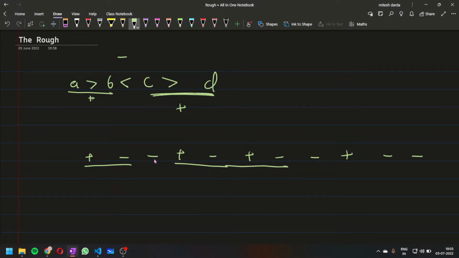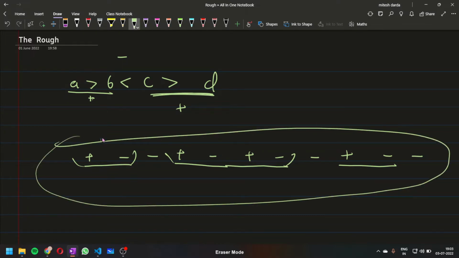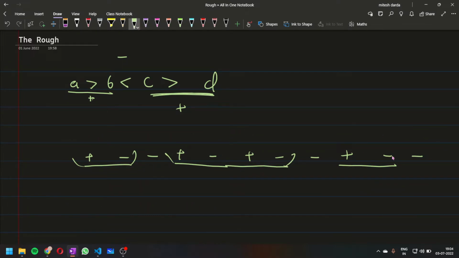So a subsequence could be something like this. This is a valid subsequence, and I guess this is the longest subsequence in this array of positive and negative values. We only want to find this.